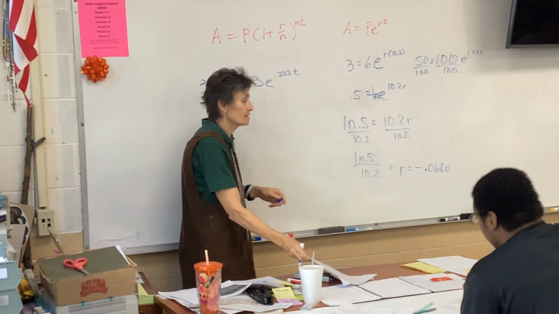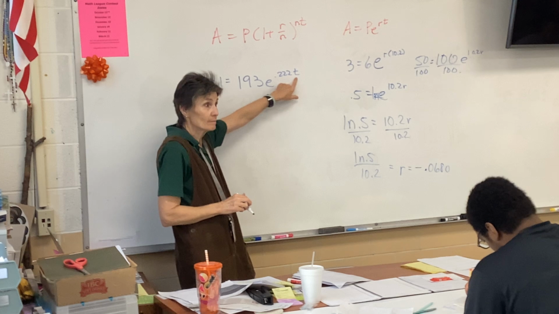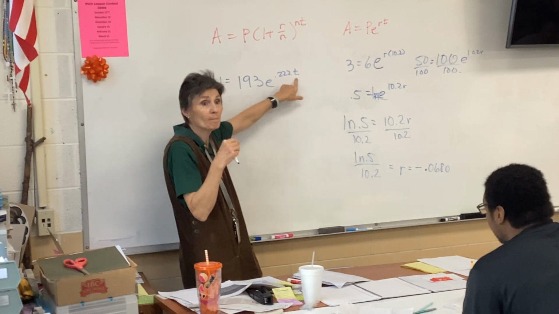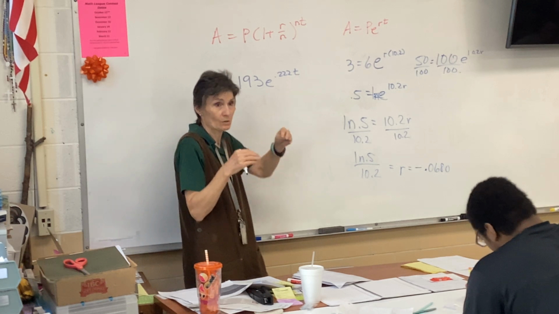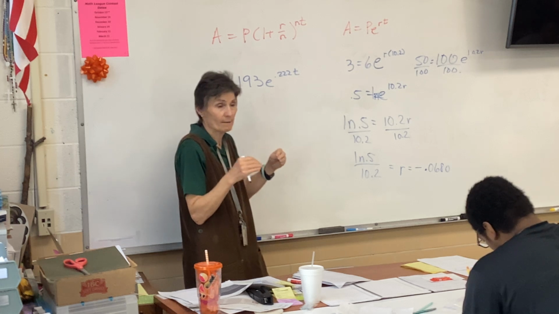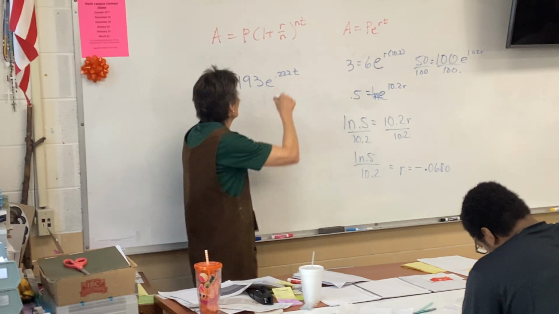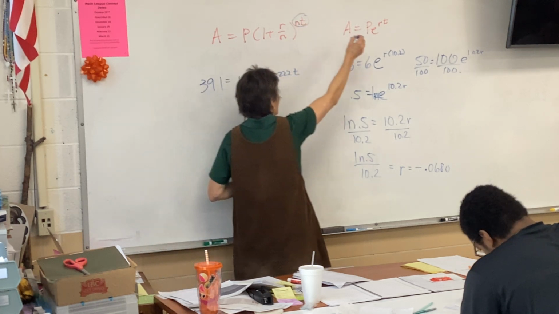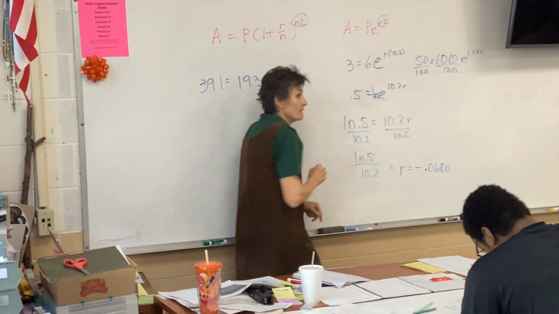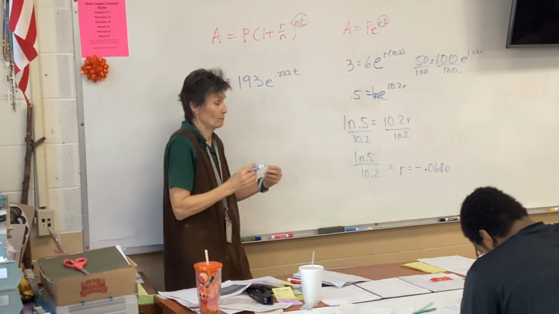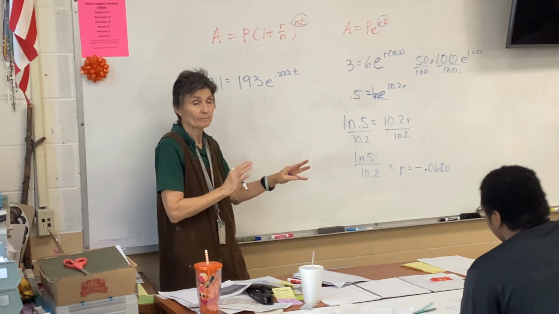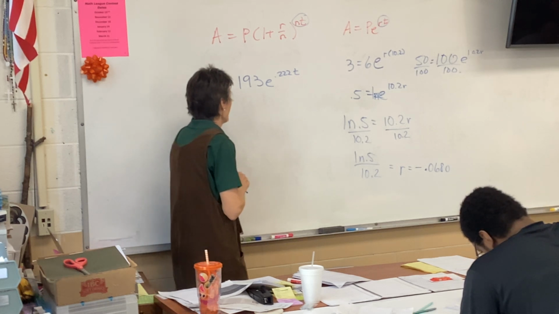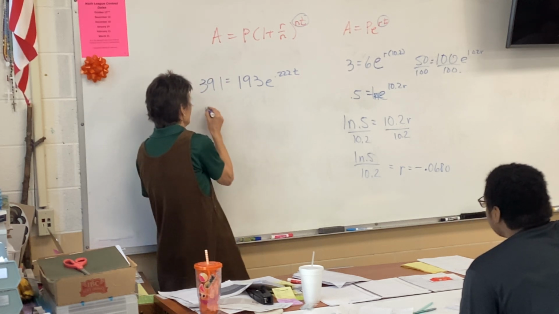Now the fact that the variable is up there tells me at some point I'm going to need to use logarithms. Every time your variable is up there, you're going to need to use logarithms. Otherwise you just type it in. All right, step 1. Divide.